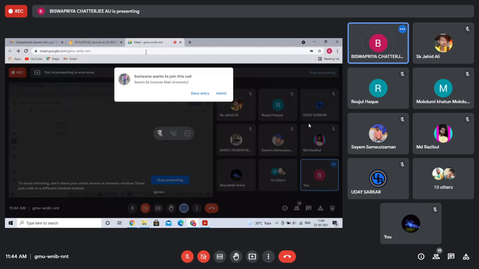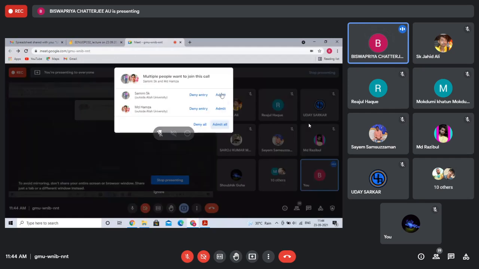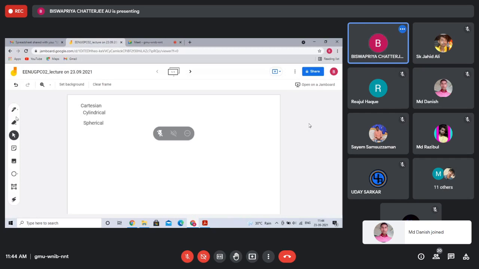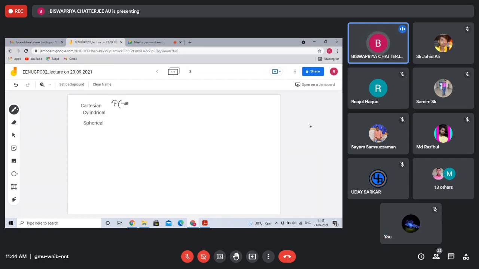In the Cartesian system, any point, suppose it is P, can be represented by XYZ.